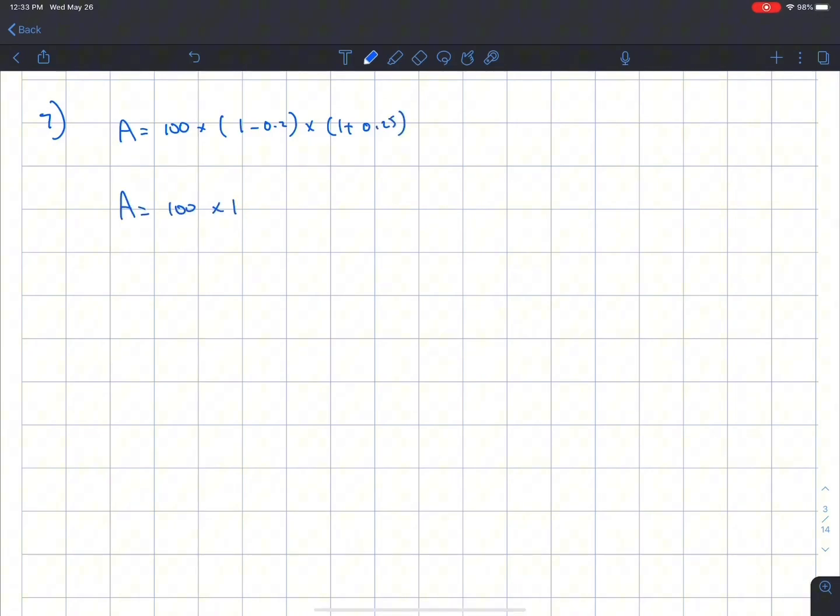So 100 times 0.8 times 1.25. And we get 100. So there is no change. Therefore, the new price is the same as the original price.